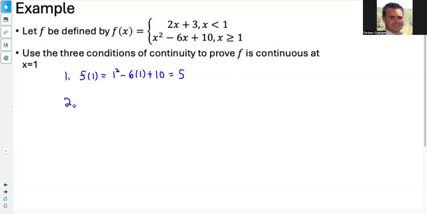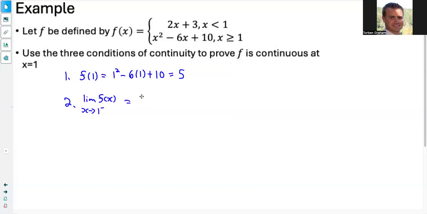So first we've got our limit of f of x as we approach a value of 1 from the negative side. So if we're below 1, then that's going to be this function here.